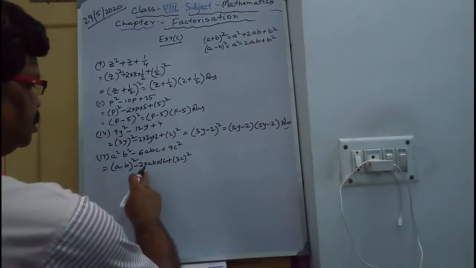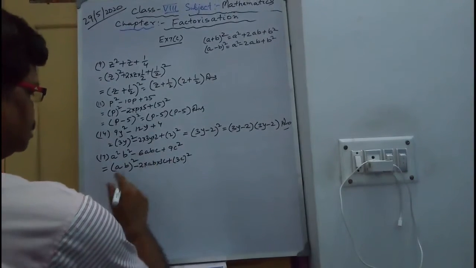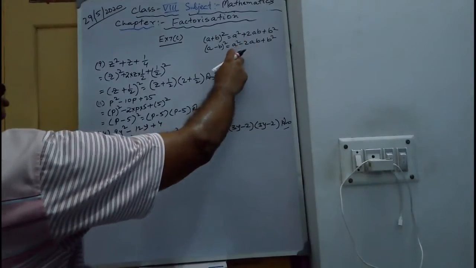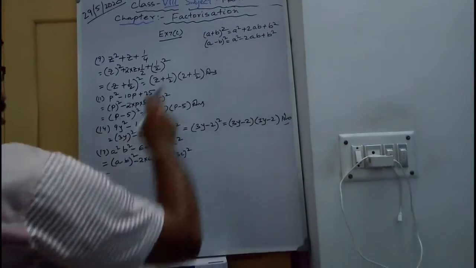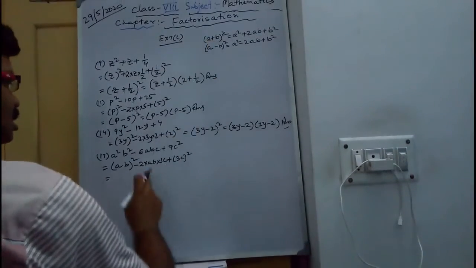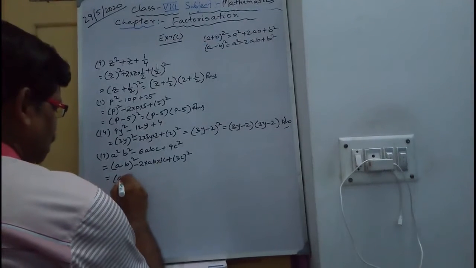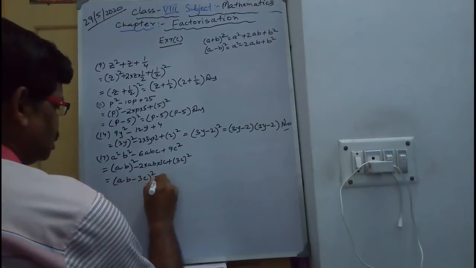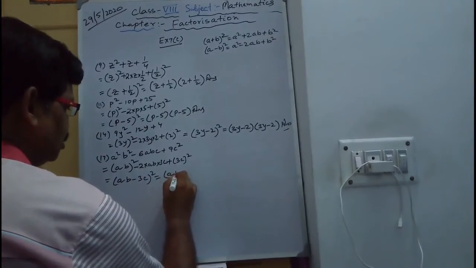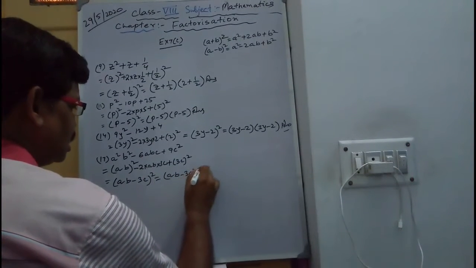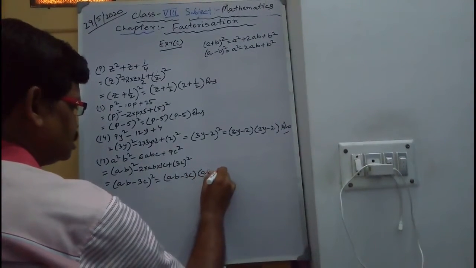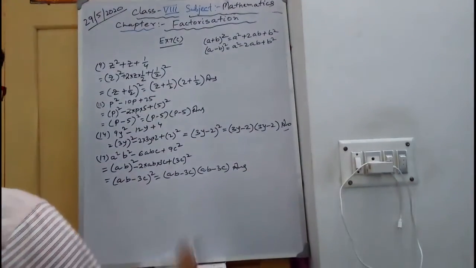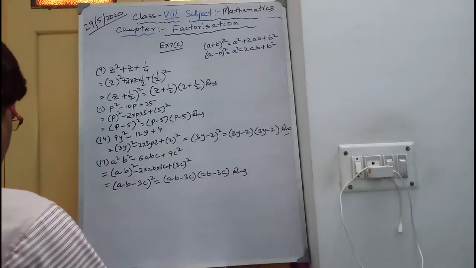Now multiply 3 to the 2, that is 6abc. Now this one matches the right hand side of it. So write that part. In place of a, here is ab. In place of b, here is 3c. So (ab minus 3c) whole square. Write in lowest power, ab minus 3c, ab minus 3c. So this one is the answer of that question.